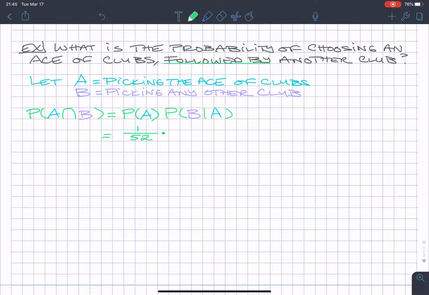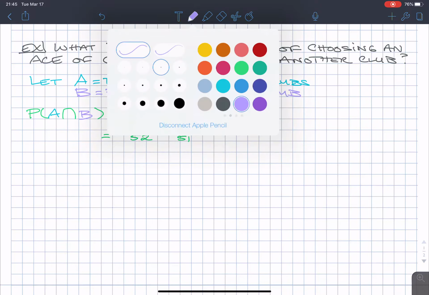And I'm going to multiply that by the probability of choosing any other club given that I've chosen the ace of clubs. So how many clubs remain? Or how many cards remain? Well, there's only 51 cards that remain. And there's only 12 clubs that remain, right?